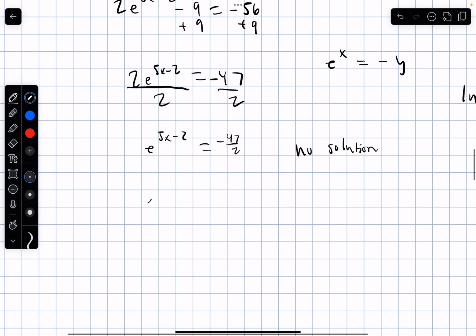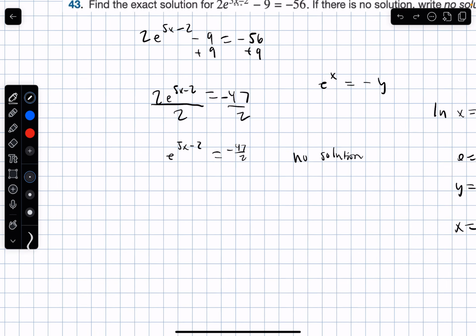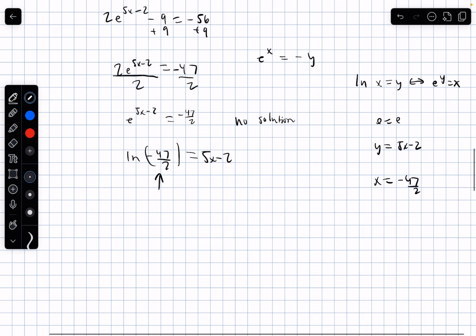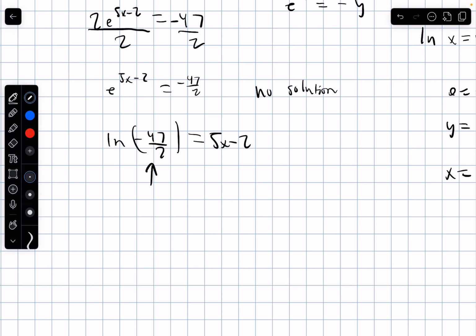If we were to take the natural log of this, we would get ln of negative 47 over 2 equals 5x minus 2. What we can notice here is that our argument is negative. Another thing that you can never have is a negative argument, which is another detail that hints that the answer is definitely no solution.